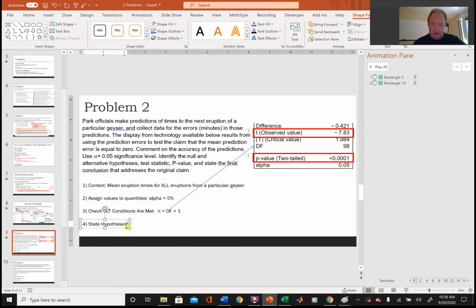So here we're claiming, and so the claim is going to be the null hypothesis, that mu is equal to 0. When we test the claim, we're saying the opposite is true. And this is the alternative.